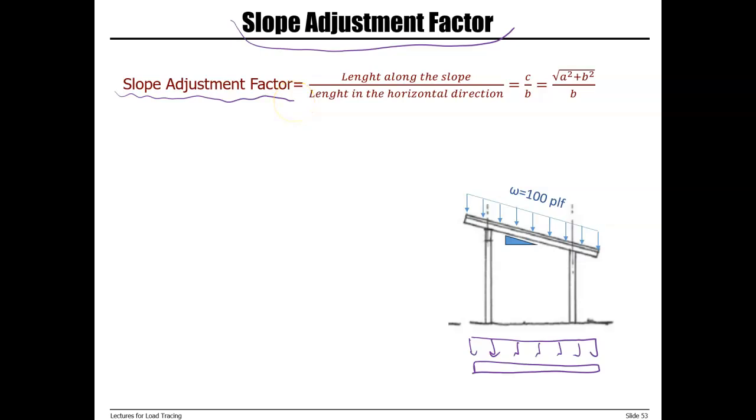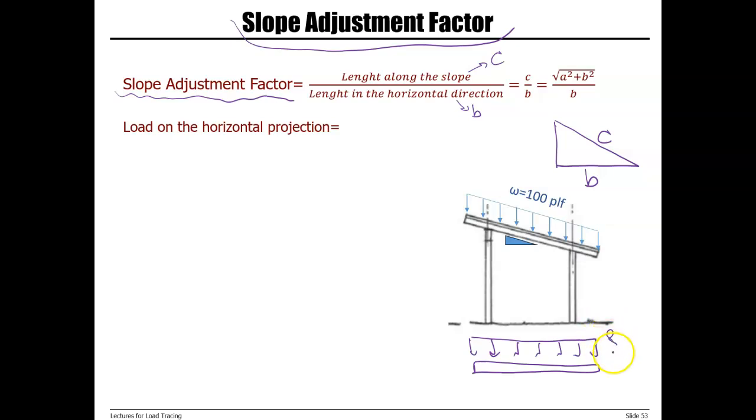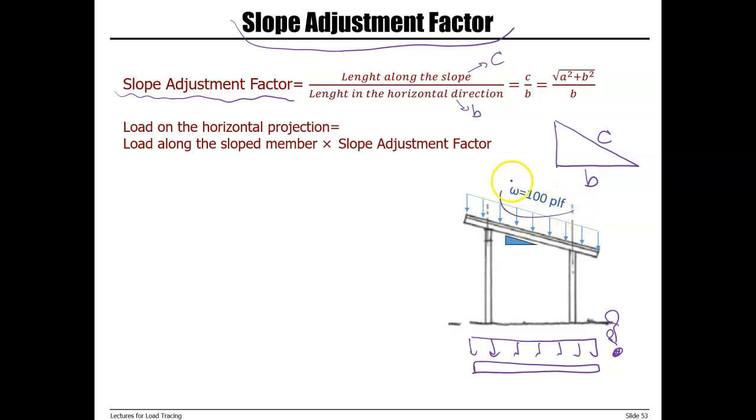A slope adjustment factor is equal to length along the slope, C, divided by length in the horizontal direction, or B. And then load on the horizontal projection is equal to load along the slope times a slope adjustment factor.